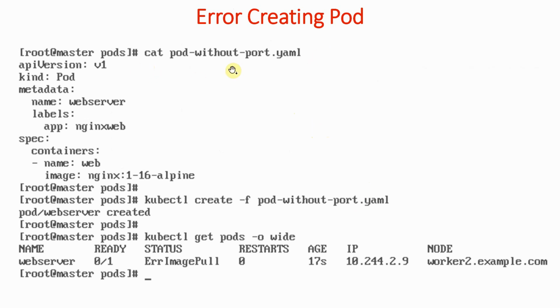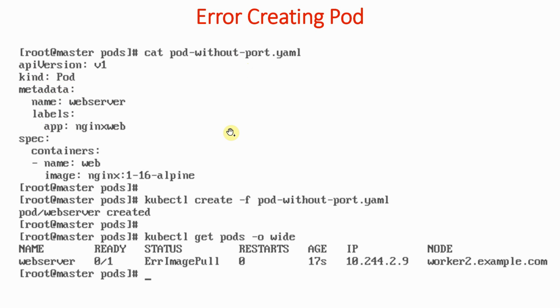So in our case, again we are using one file called pod, and here we are making certain changes. That means the API version is v1, the kind of object is Pod, and the name of the pod is web server. Now we are introducing labels.